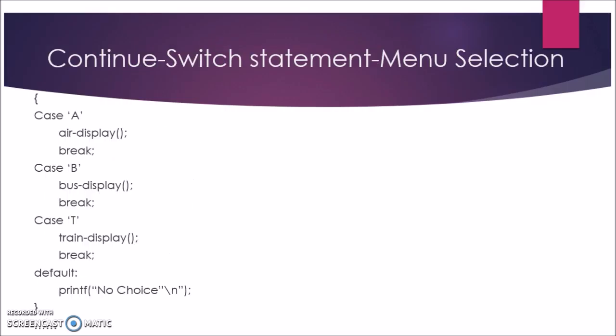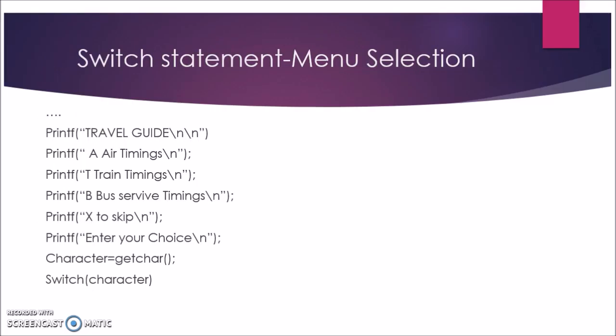For example, here they are given details about air timing if we enter A. If our choice is T, train timings will be displayed. If the user enters the choice as B, bus service timings will be displayed.